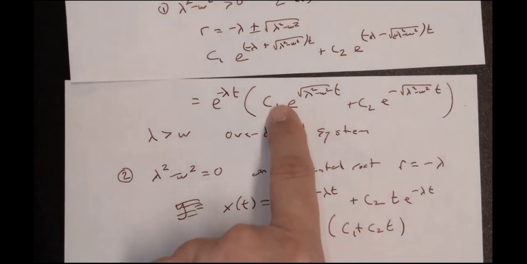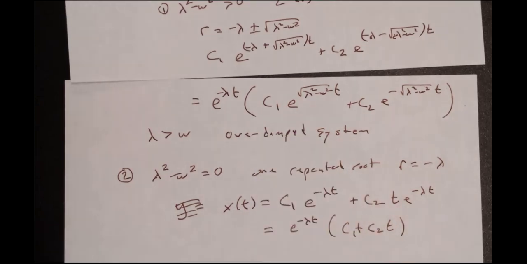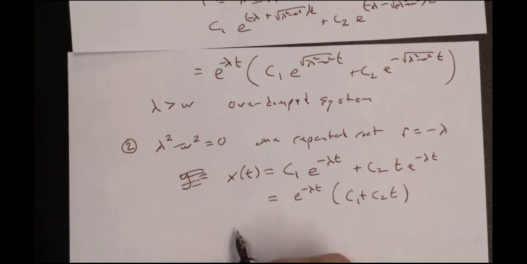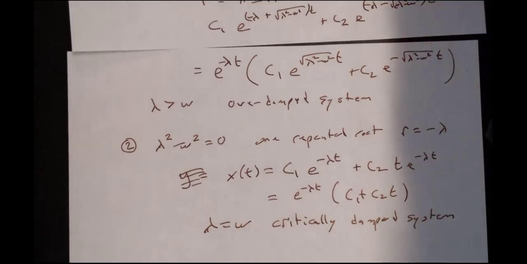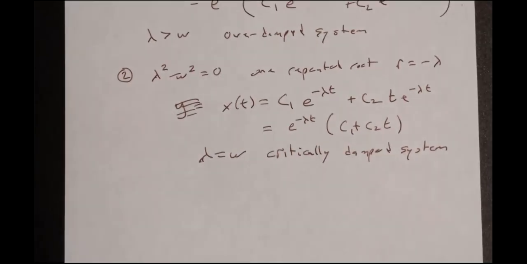So this is overdamped. This is the Goldilocks one. This is called critically damped. We balanced the amount of damping exactly with the amount of push.